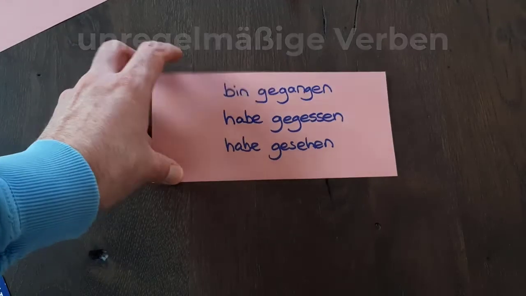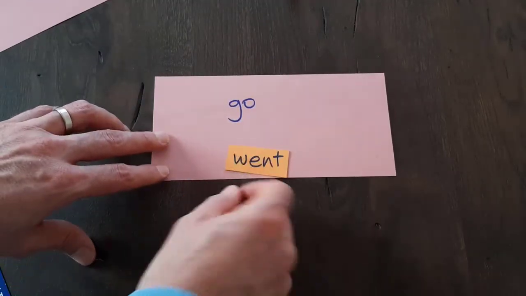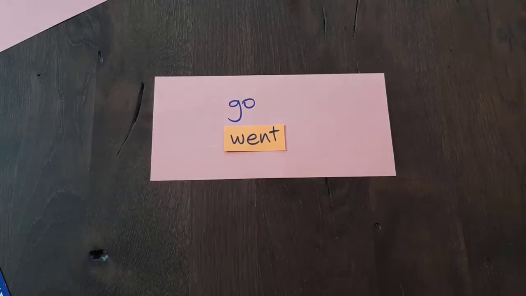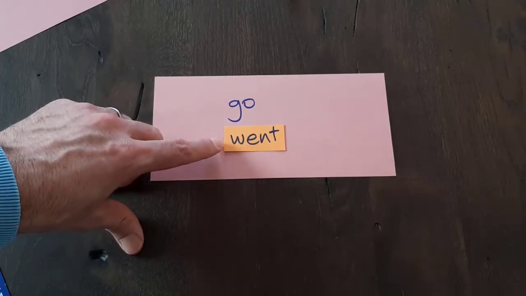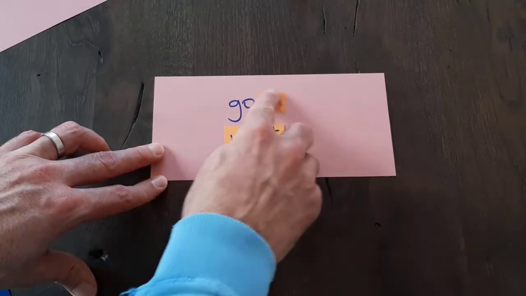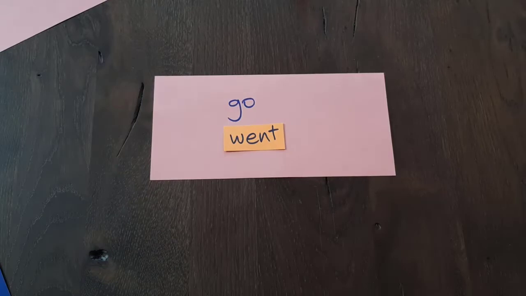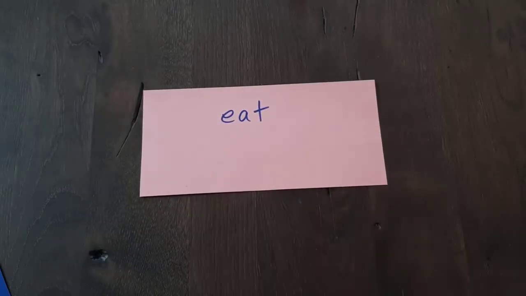For example, I go, this is gehen. Yesterday, I went. So that is the simple past. Not I goed. Okay? With go, you need the special one, I went. The same is with essen, with eat.